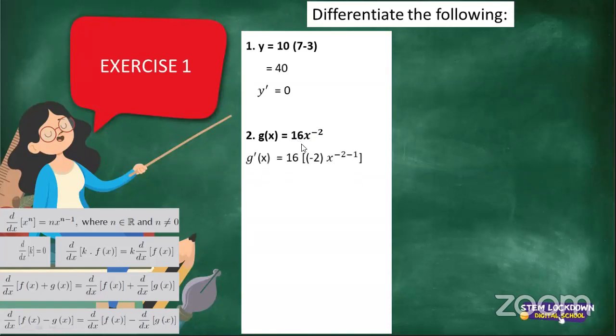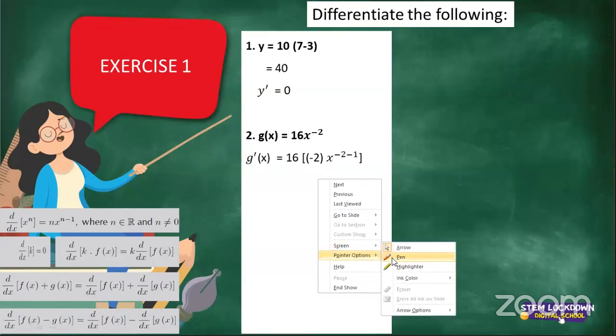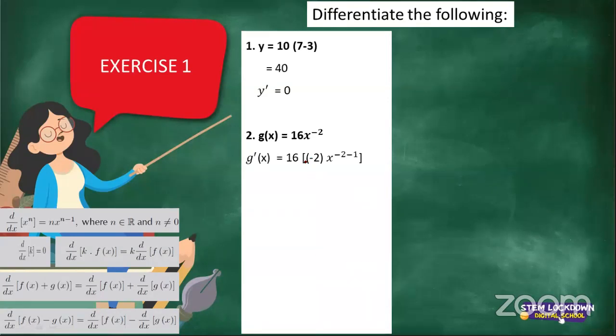How you do that is you take your exponent, because we are applying the first rule. Your exponent multiplied by your base, and you subtract 1 from your exponent.